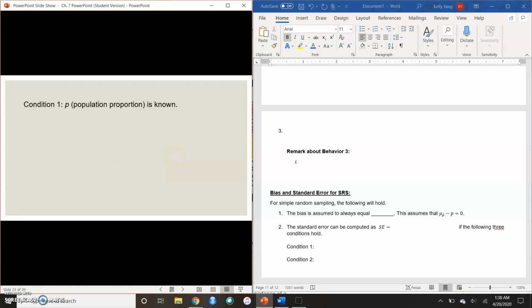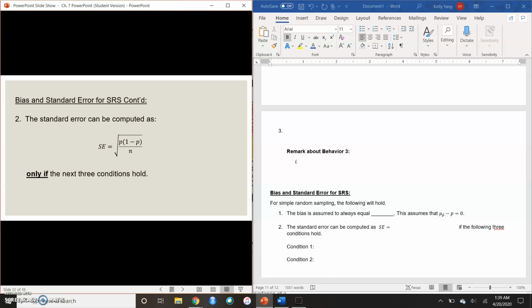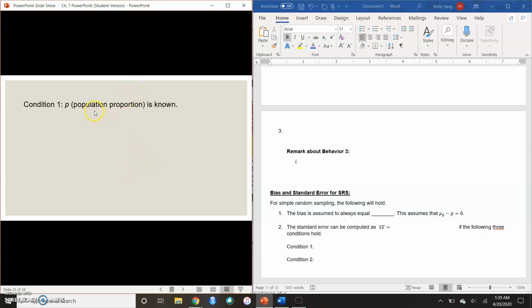The first condition that must be true is that the population proportion is known. If we look at the formula, it has p in it. So if p is not known, we can't use this formula. That's the first condition, that p, the population proportion, must be known. Condition 2, the sample must be random, with or without replacement.